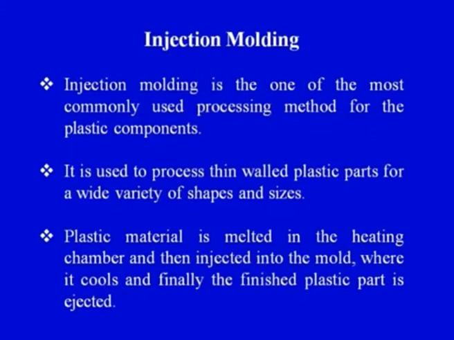Point 3 on your screen. Plastic material is melted in the heating chamber and then injected into the mold, where it cools, and finally the finished plastic part is ejected. Why has this point been emphasized here?